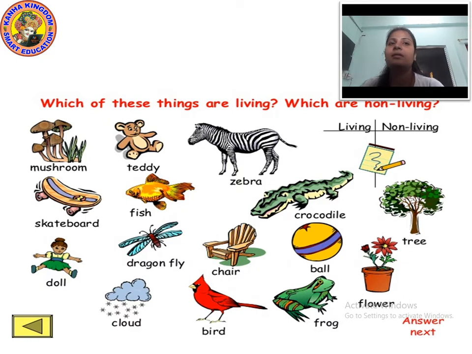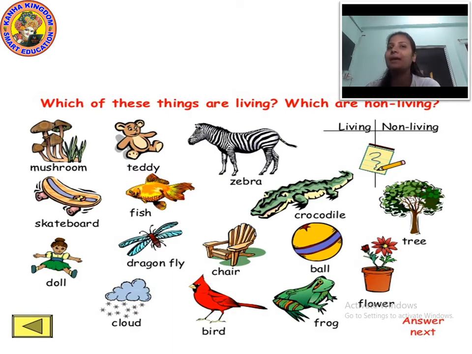Cloud. Is cloud a living thing or a non-living thing? Cloud is a non-living thing. Dragonfly. Dragonfly is a living thing. Now next is chair. Can chair grow? No. Can chair move without our support?